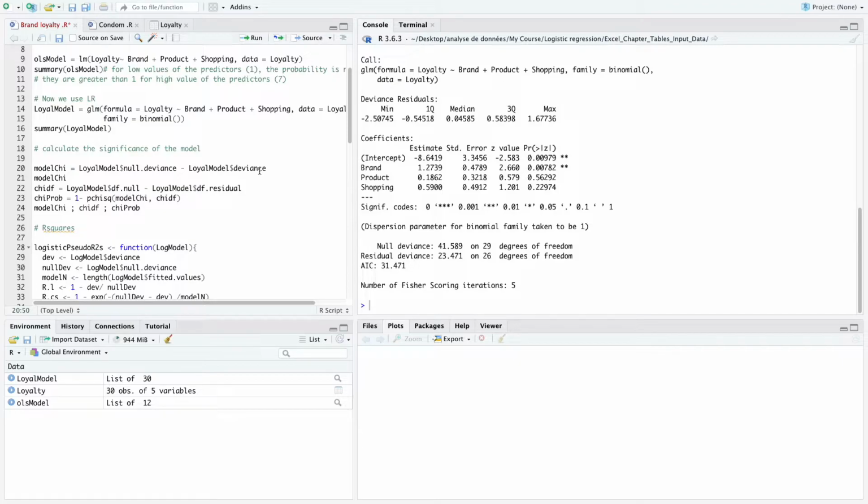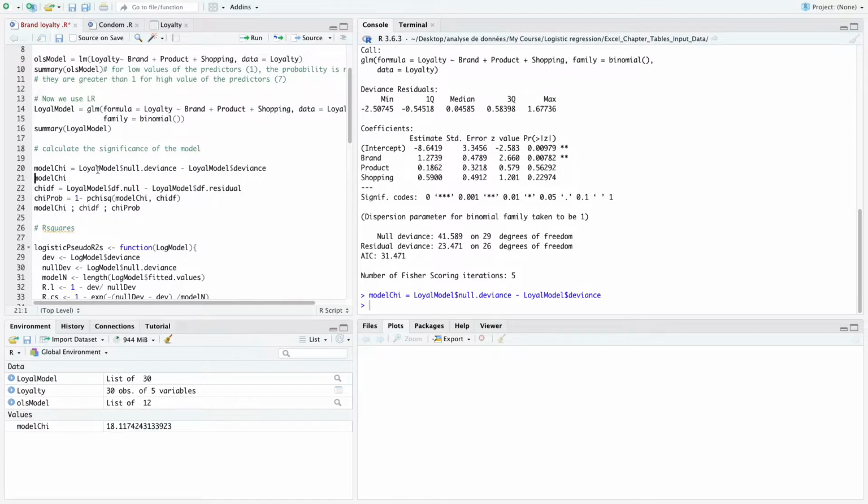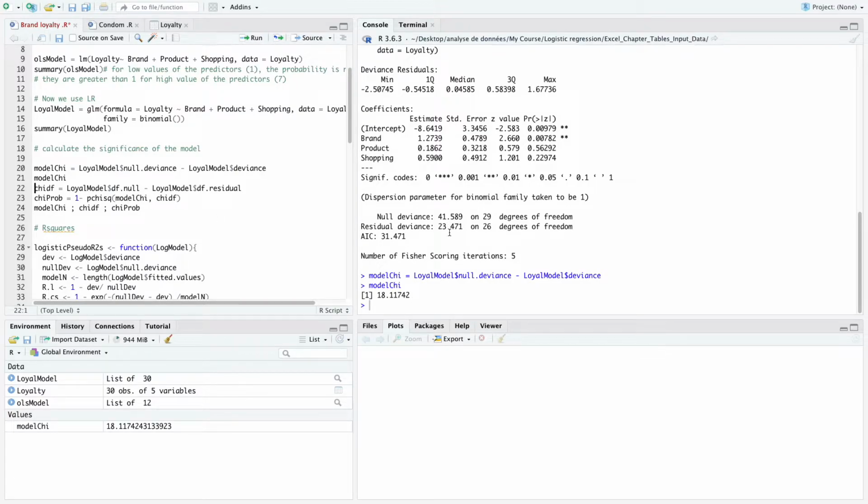If you compare it to ordinary least squares, it means the model explained something and did not explain something, so there's something which is left. What we are trying to do is calculate how big this difference is. Let's name this model chi-square. Here we have 18, but actually it's just the difference between the null deviance in the output and 23. This difference follows a chi-square distribution. If you study statistics, you know what a chi-square distribution looks like.